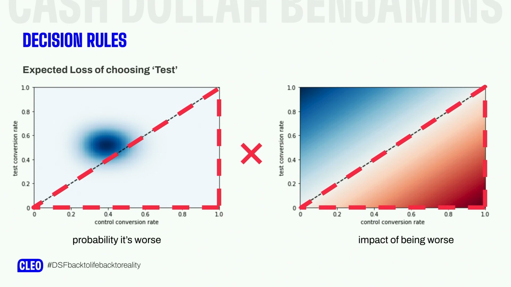So some of this blue shaded region does cross over the line into the region where test is doing worse, but the magnitude of this is quite small. So as the test goes on and the joint distribution gets narrower, then the situations where it's worse are less likely, and they also have less magnitude.